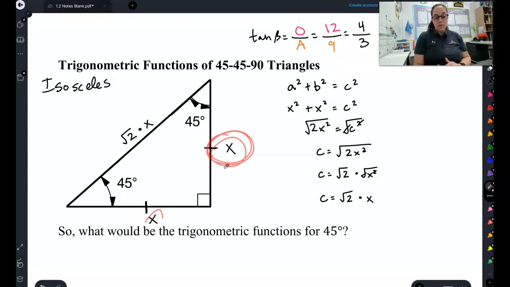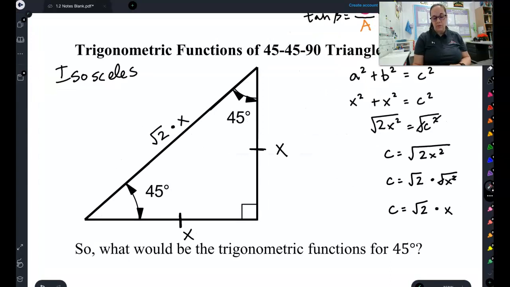Then you would know that this one is also 5 because of the isosceles, and you would know that this is square root of 2 times 5, because that is always the hypotenuse based on those sides. And it doesn't matter what number it is. Let's say I told you this side was 9.3. Then both of these are 9.3, and this one is square root of 2 times 9.3. And that works for every single 45, 45, 90 triangle, this awesome pattern that we have here.